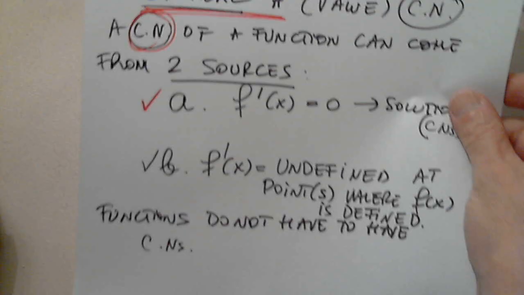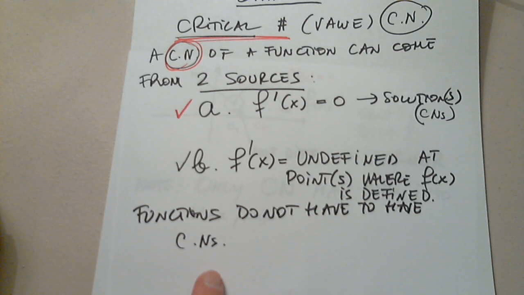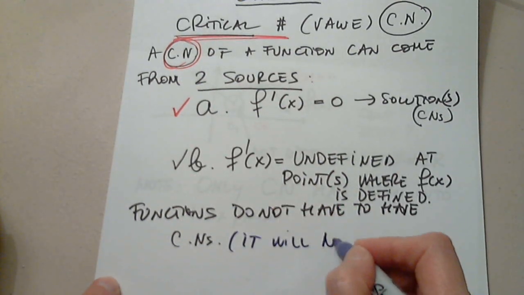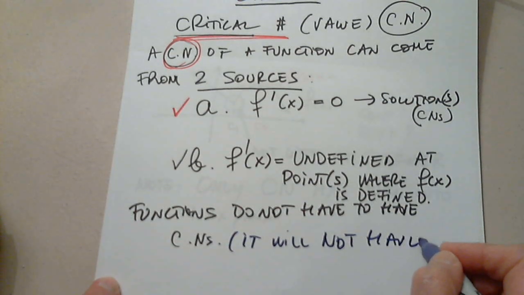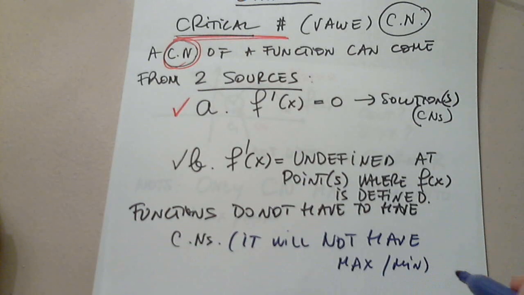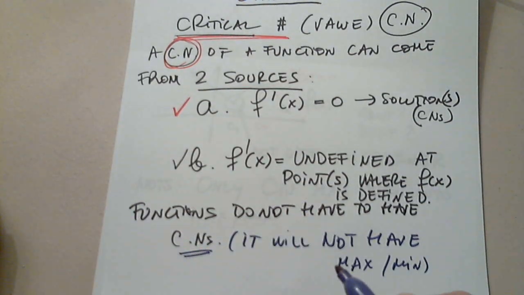If a function does not have critical numbers, it will not have max-min. It cannot have a max, it cannot have a min if it doesn't have critical numbers.